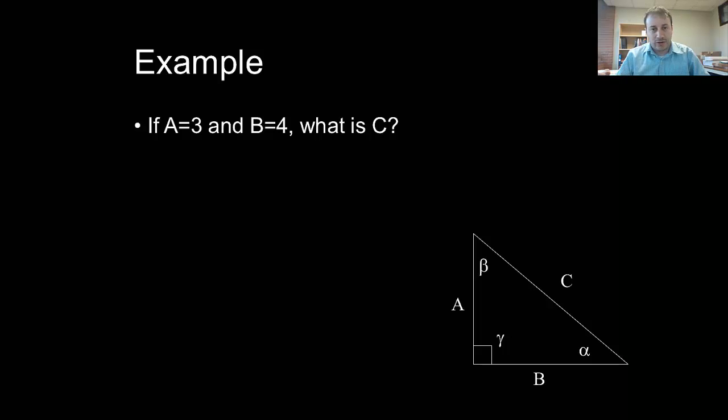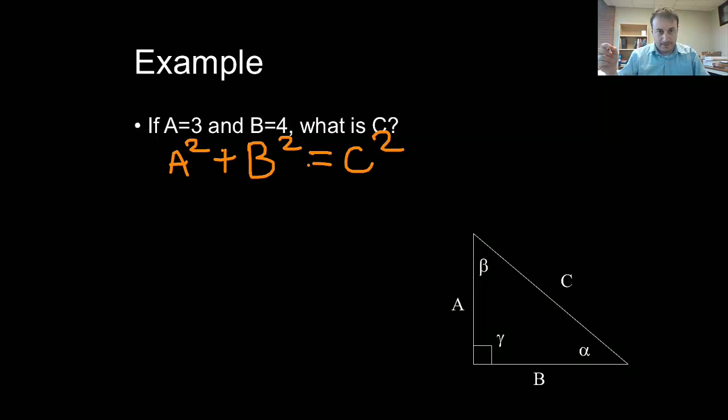So we've got our right triangle here on the bottom of the screen. And we know Pythagorean's theorem says that a squared plus b squared is equal to c squared. We know here that a is equal to 3 and b is equal to 4.